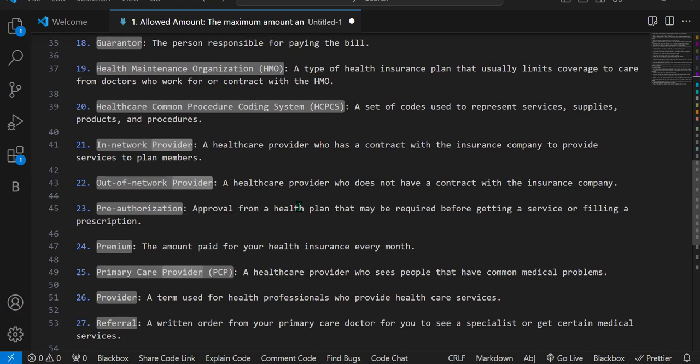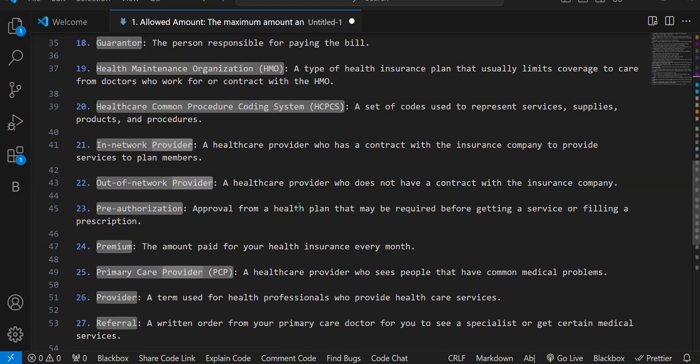So the authorization number should be entered by the provider, the doctor, in the claim form. Whenever the patient is suffering from critical diseases or needs critical services, he should have the pre-authorization number provided by the insurance company.